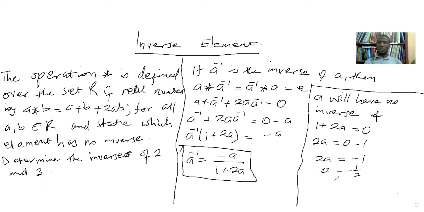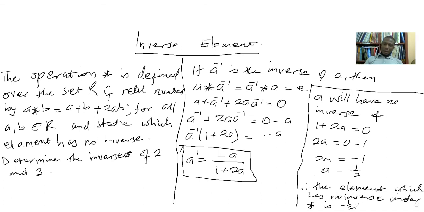So that means this A inverse will be undefined when A is negative 1 over 2. Therefore, negative 1 over 2 has no inverse. Therefore, the element which has no inverse under the operation star is negative 1 over 2, and that is just what they are looking for.